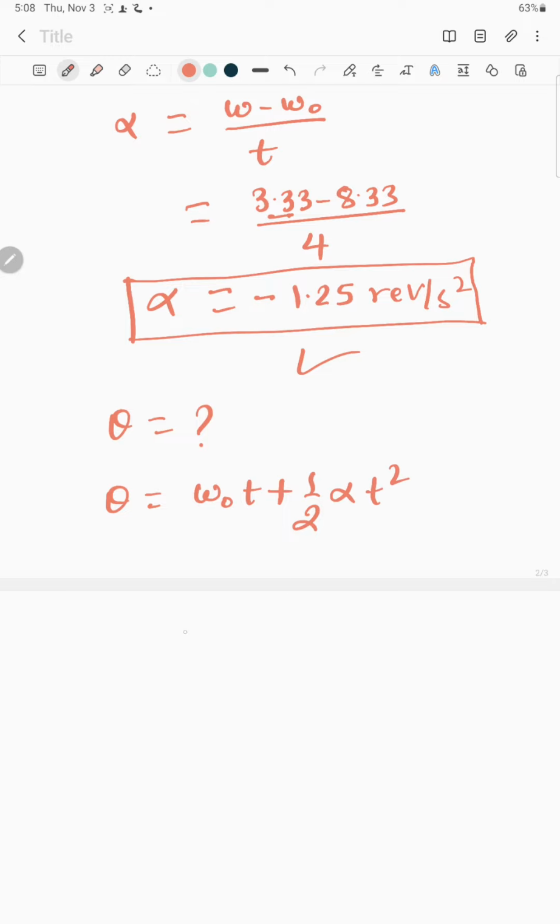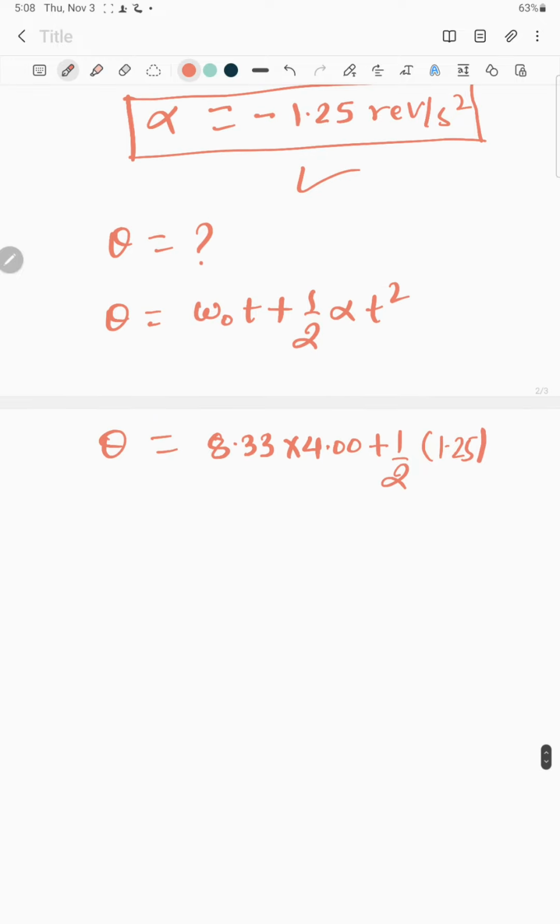So we have everything right now. Theta is equal to omega naught, 8.33, at time 4 seconds, plus 1 by 2 times negative 1.25, and then time is 4, squared.